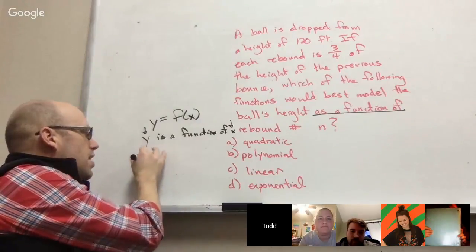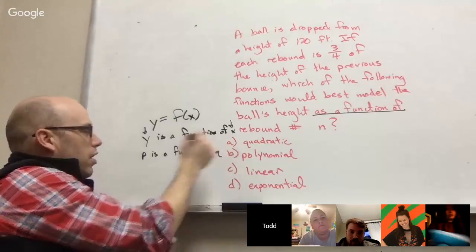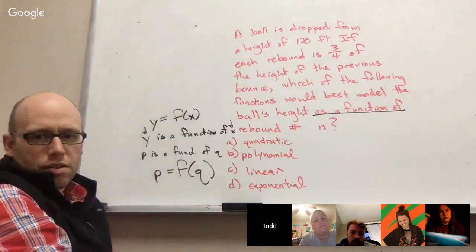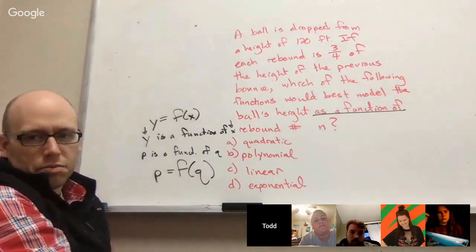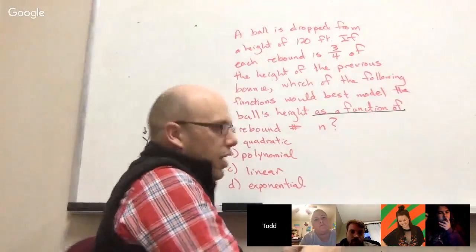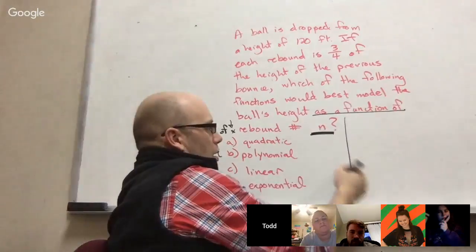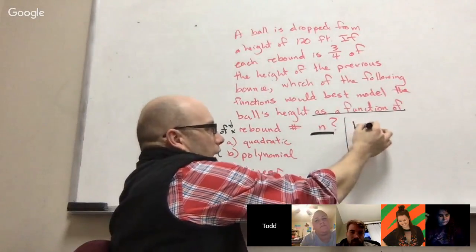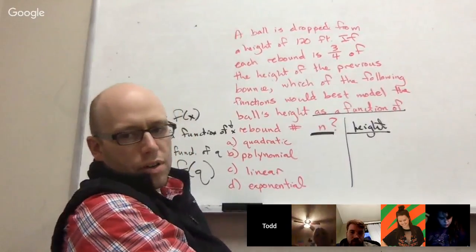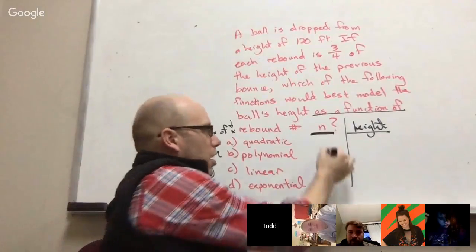If we say p is a function of q, that means p is some function of q. f of q should give me back p. That's just an aside here. So n, the rebound number, is our input, and the height is our output. We could probably build ourselves a little table here.